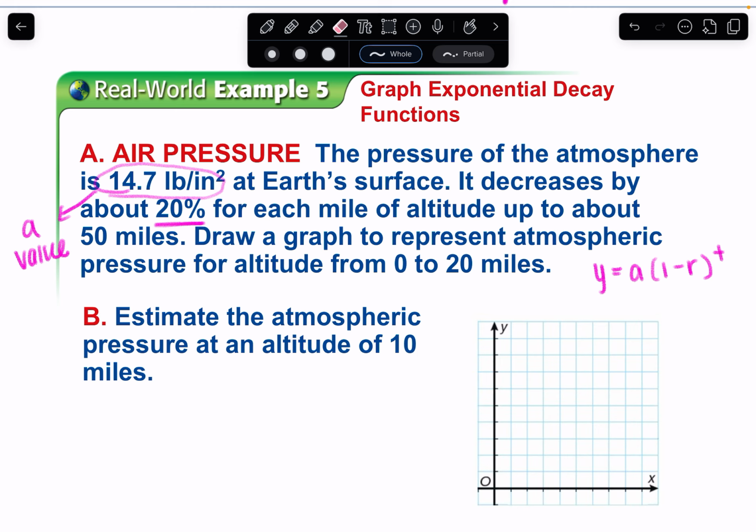So it then asks you to draw a graph to represent atmospheric pressure for altitude from 0 to 20 miles. 0 to 20 miles is going to be what gets plugged in to your t value. So that's kind of what you're using to look at and what you're plugging into. You do not necessarily have to plug in all 20 of those values into this scenario.